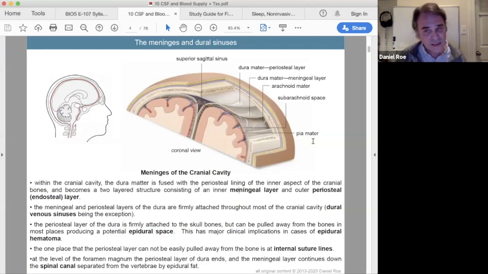And that's very clinically important. We'll get into the why of that in a bit. Likewise, you have a potential subdural space where, when you have subdural hematomas, it's not constrained by internal suture lines though. I've already talked about that.